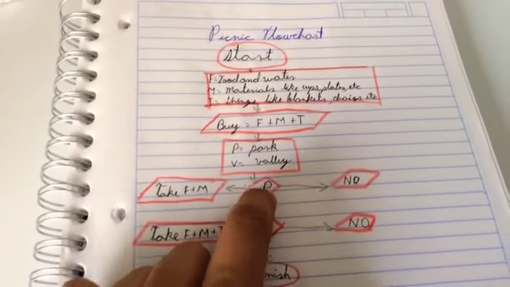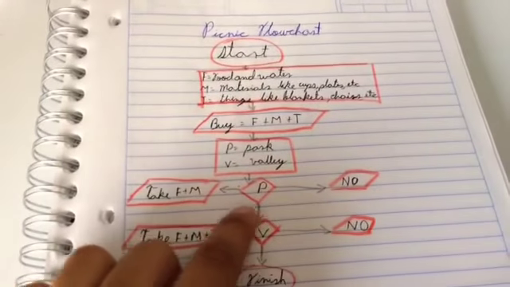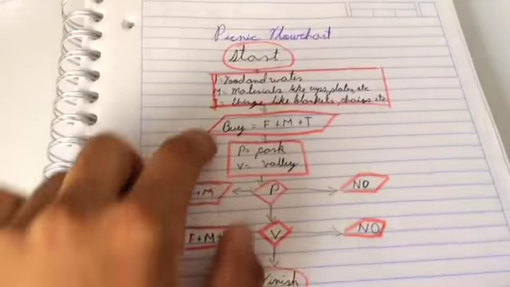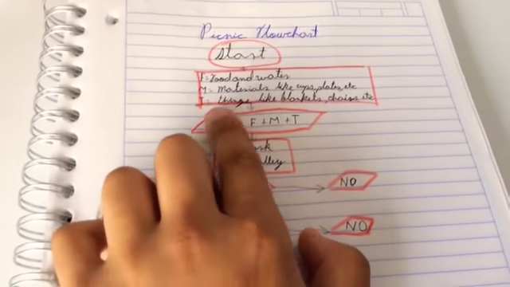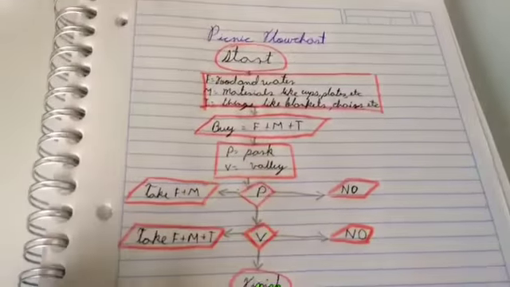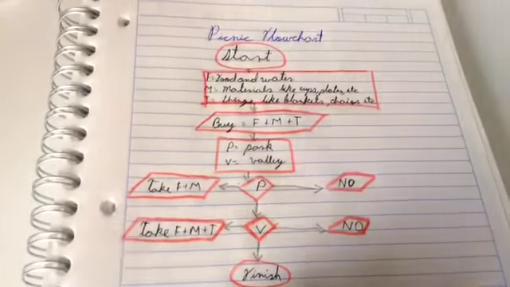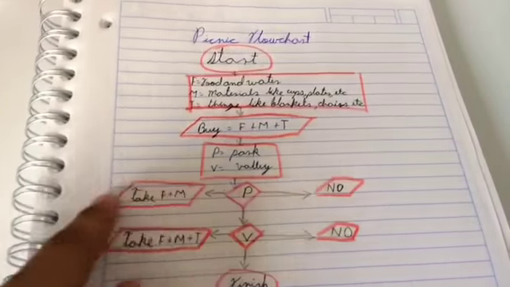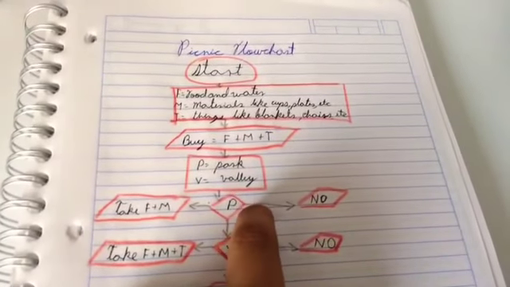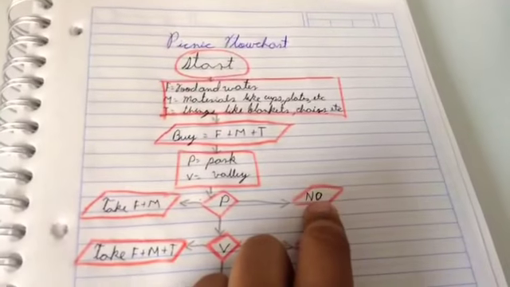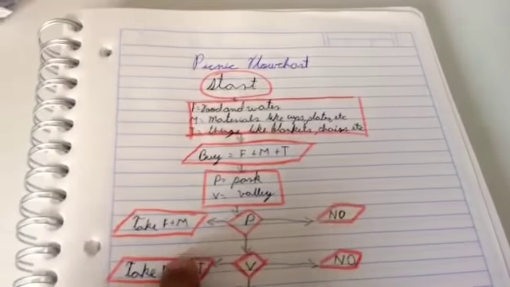But if you're going to the park, represented by P, you will only need to take food and materials, because in the park you will have chairs and tables or something to eat there. So that's why if you're going to the park, you only take F and M. Else, if you're not going to the park, you don't take that.